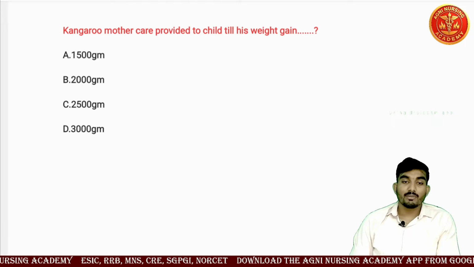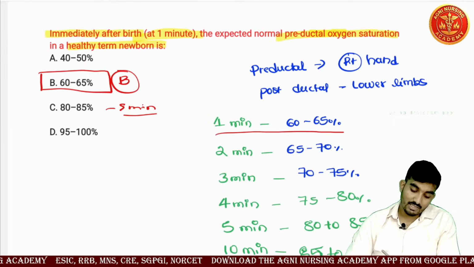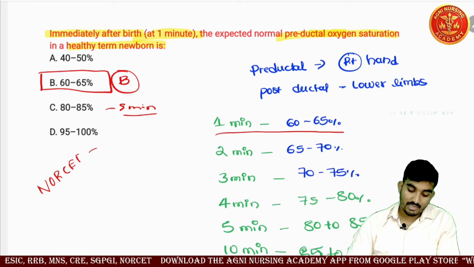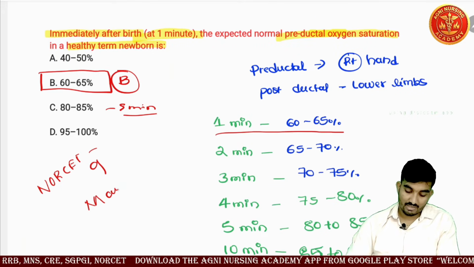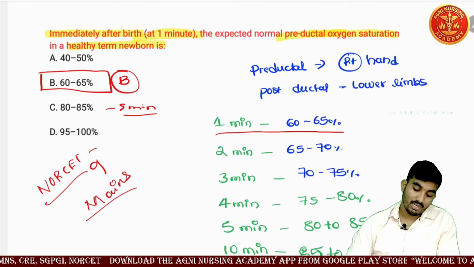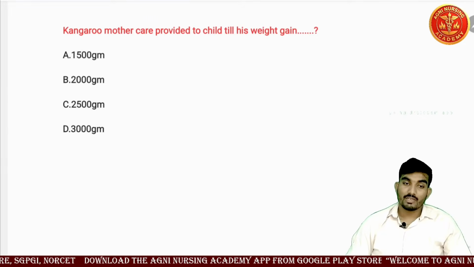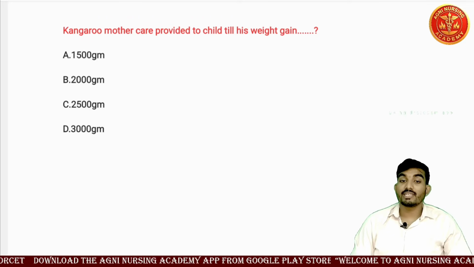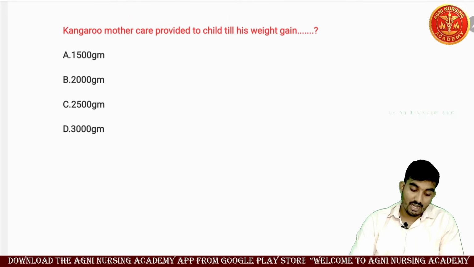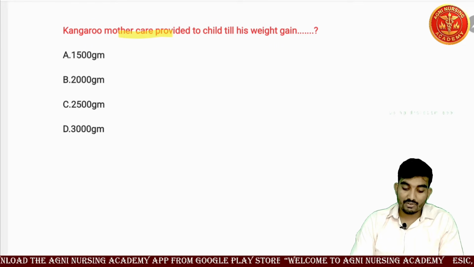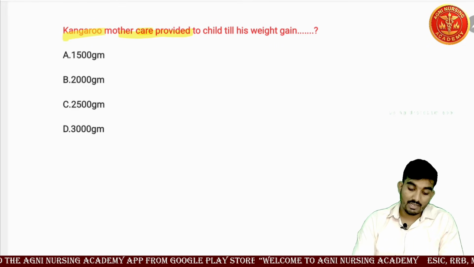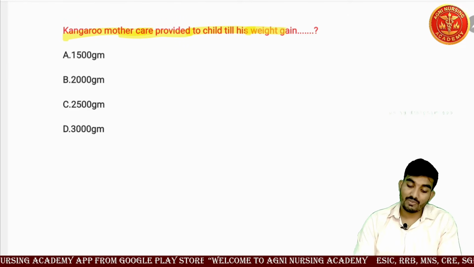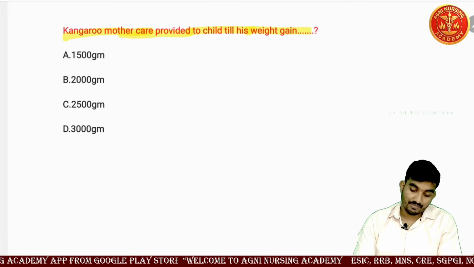Kangaroo mother care is provided till what? This last question was asked in the NORCET-9 mains exam. Now we will see that kangaroo mother care is provided to the child till his weight gain. In the question asked, till what weight or age we will give KMC.